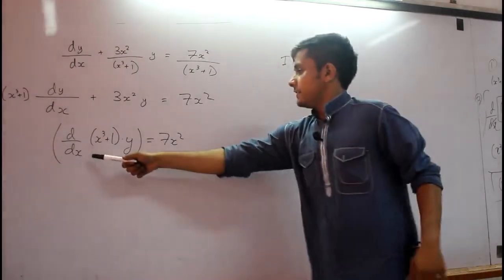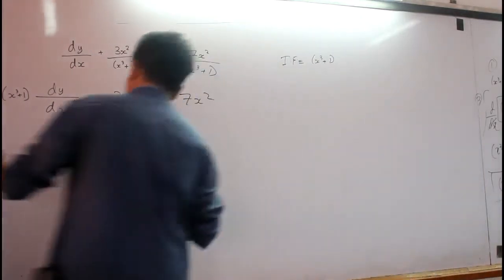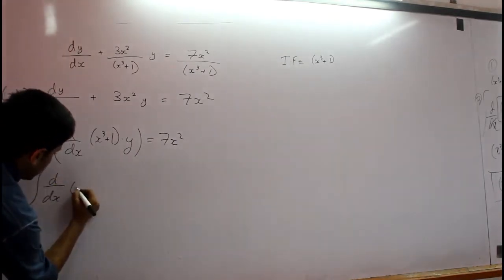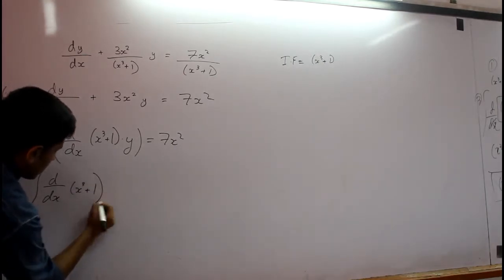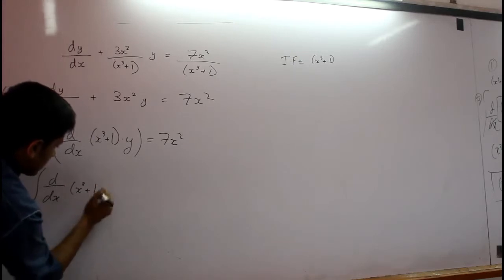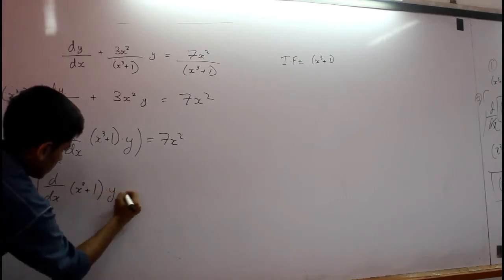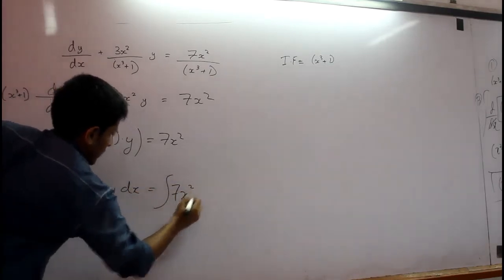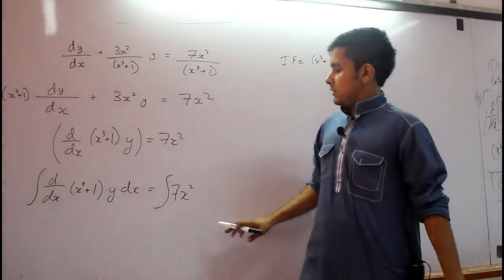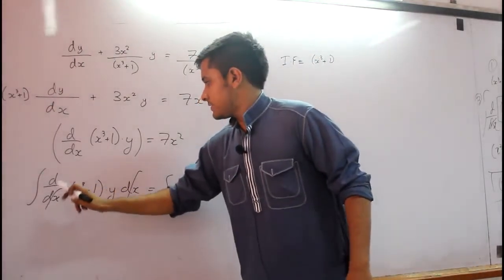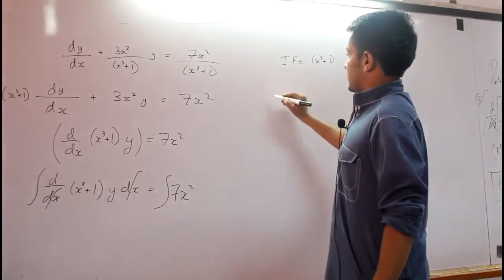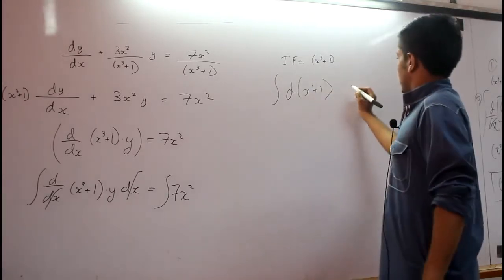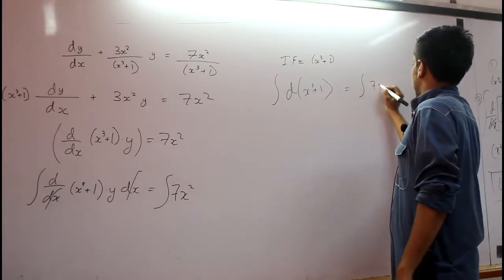And now we will integrate this equation with respect to x. As you have seen, dx cancels out with this dx, and this equation is in the form d of x cube plus 1 dot y equals the integral of 7x square.